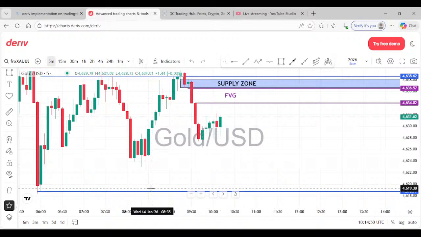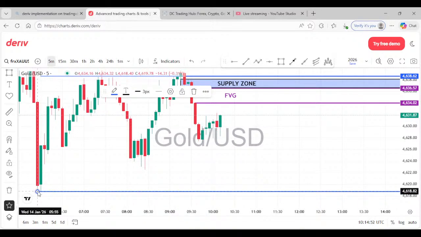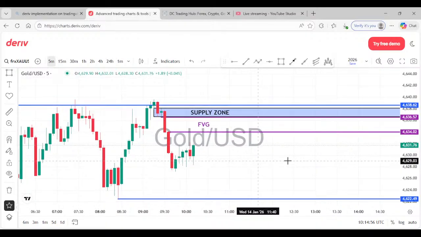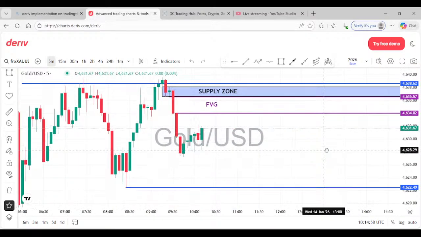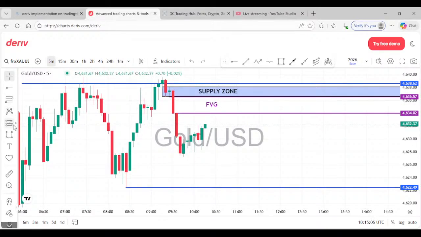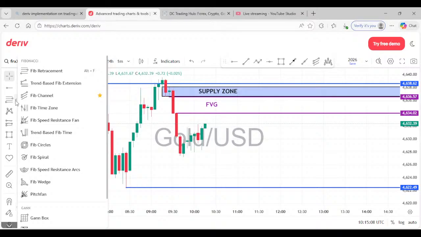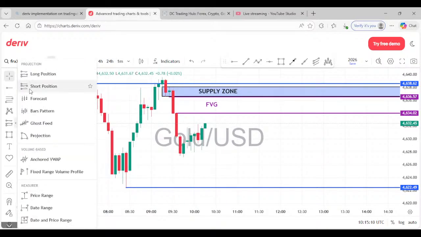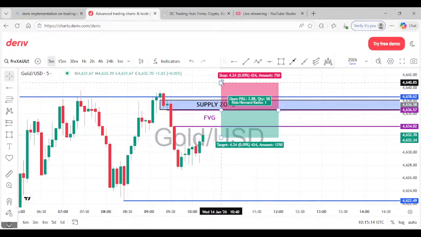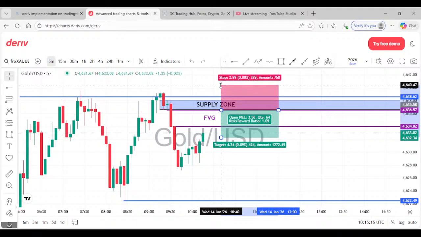So to make it easy for us, we're going to target this level here, the recent swing low, and our entry is going to be on this. Then our stop loss is just going to be above this level.